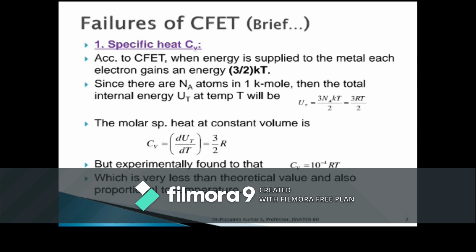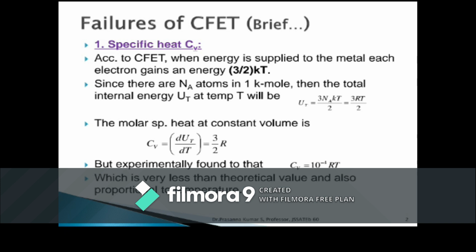Therefore, if you have 1 kilomole of substance, the total energy will be 3/2 kT times Na. This is the internal energy UT, equal to 3 Na kT/2, that is 3/2 RT, where Na k is R, the gas constant.